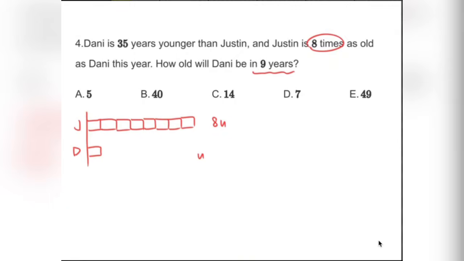No, that is for Danny is 35 years younger. So actually that is the age difference. So what is the age difference? Well, 8 units minus 1 unit, of course, the difference is 7 units. 7 units equals 35, so 1 unit equals 35 divided by 7, which is 5.